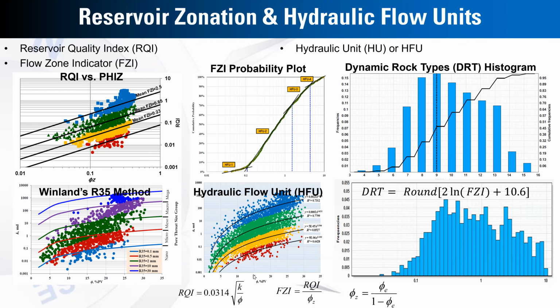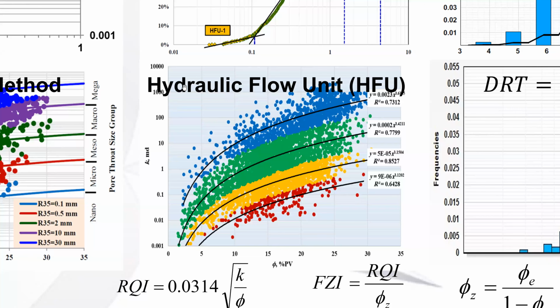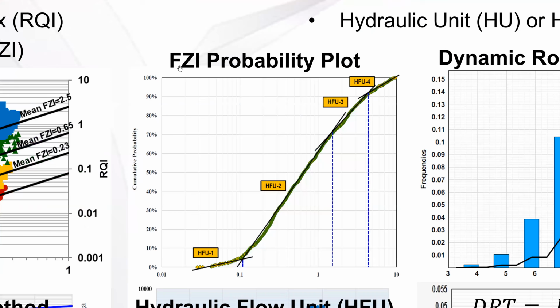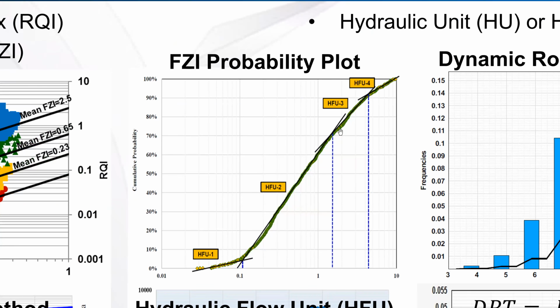So using this raw data, we have this typical cross plot of permeability against porosity. As you can see, we have different hydraulic flow units or dynamic rock types for this system, based on other techniques like the FZI probability plot.